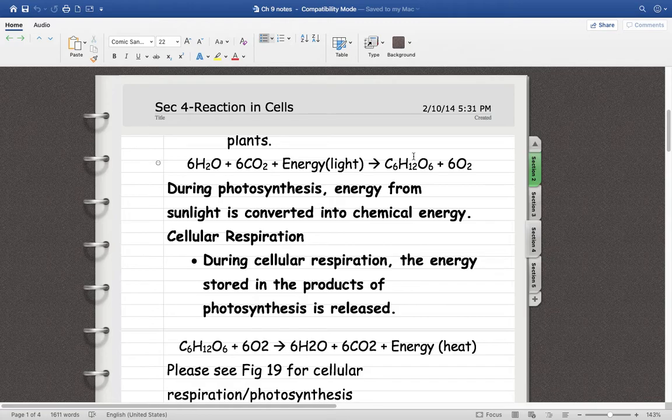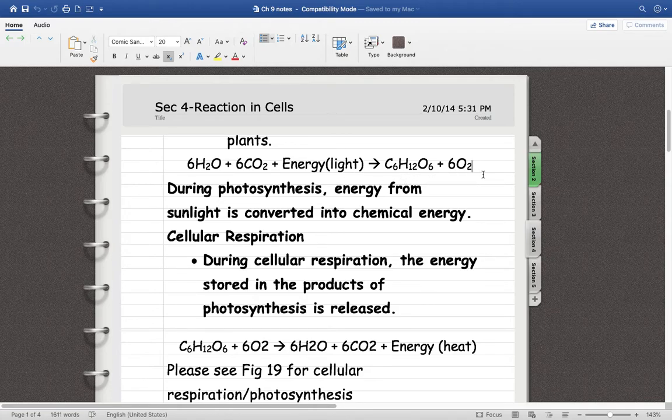Cellular respiration is basically the opposite. Once you learn this formula, the forward reaction is photosynthesis. The reverse, if the arrow could point this way, would be cellular respiration. So in photosynthesis, water and carbon dioxide turn into glucose and oxygen.